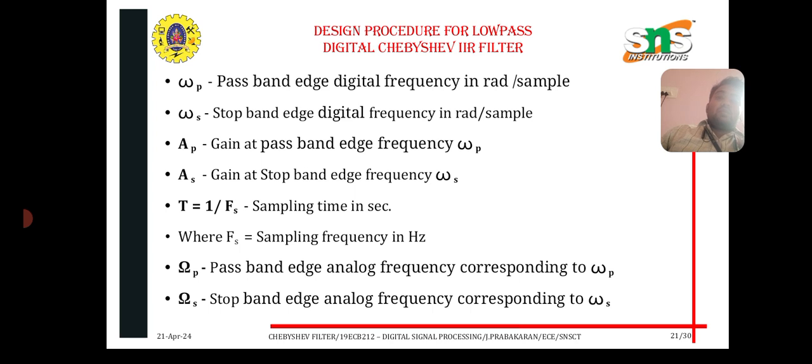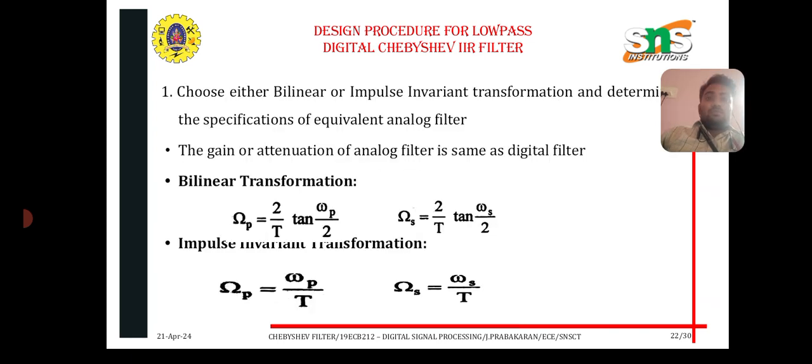We know the time period T is inversely proportional to the frequency. And omega p and omega s are the analog frequencies, where omega p is the passband frequency and omega s is the stop band frequency.